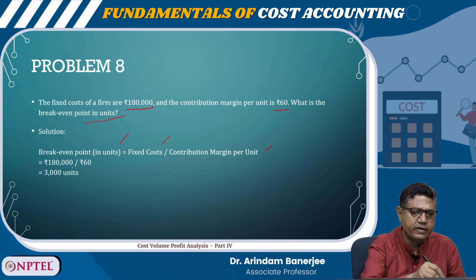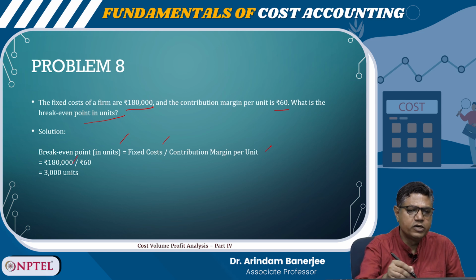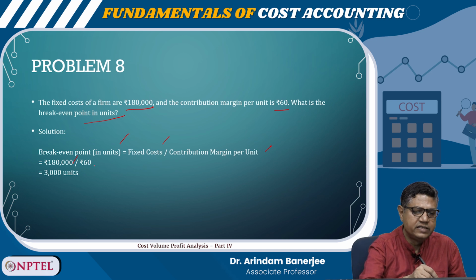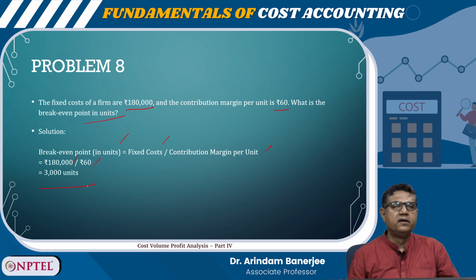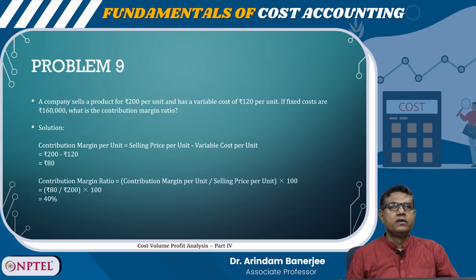Fixed cost is already given, 1,80,000. Contribution margin is already given, 60. So, it is 3,000 units. Now, in this question the selling price is not given. If you know the selling price and multiply 3,000 units with the selling price, you can calculate in terms of rupees.